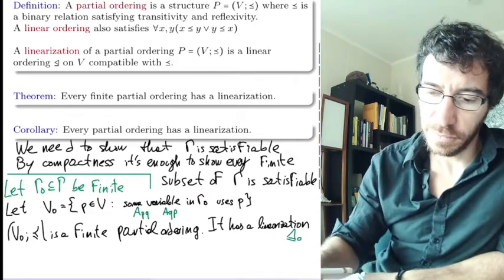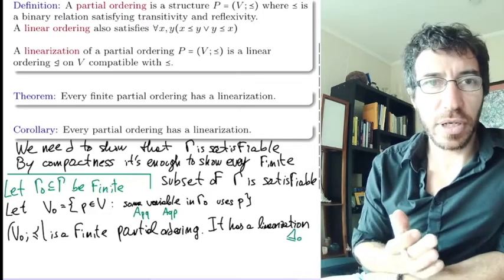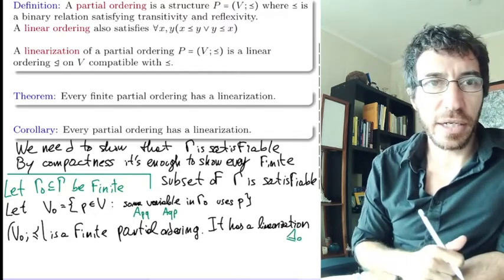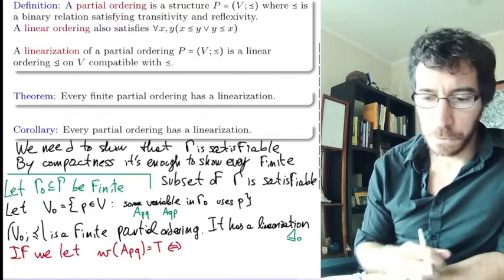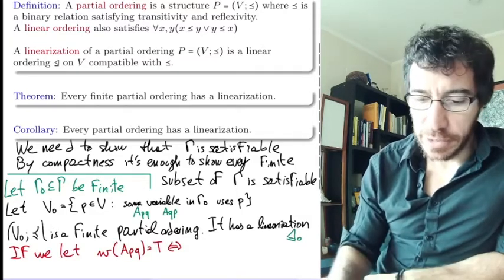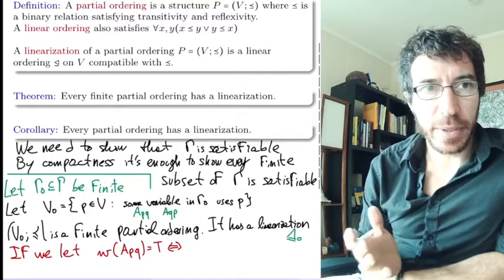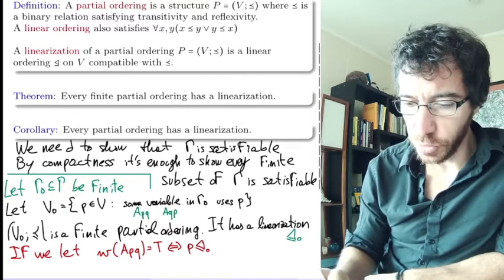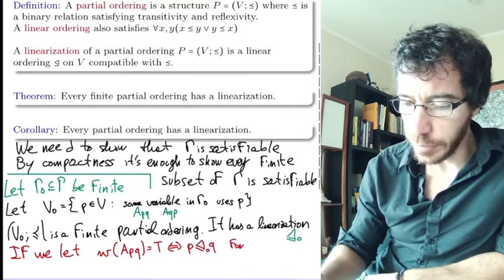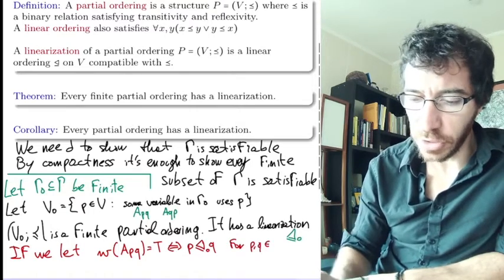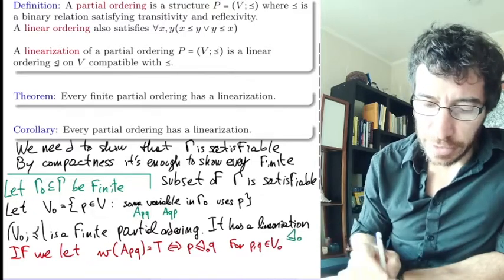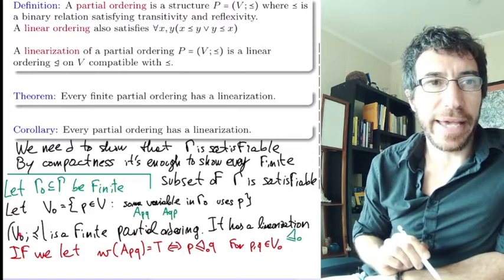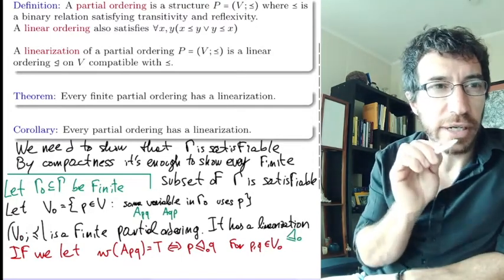If triangle less than 0 is a linearization of this on V0, then we define a new truth assignment that assigns APQ true if and only if P triangle less than 0 Q, for all P, Q that belong to V0. So we only consider the points that belong to this partial ordering V0, and only the variables that use those points.